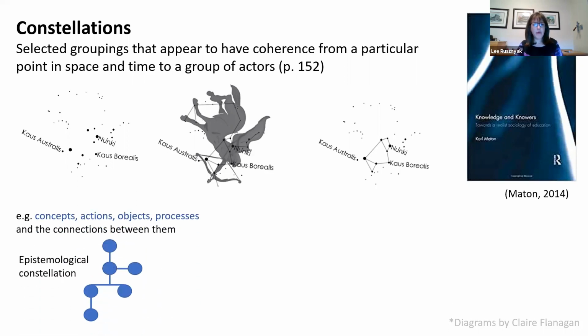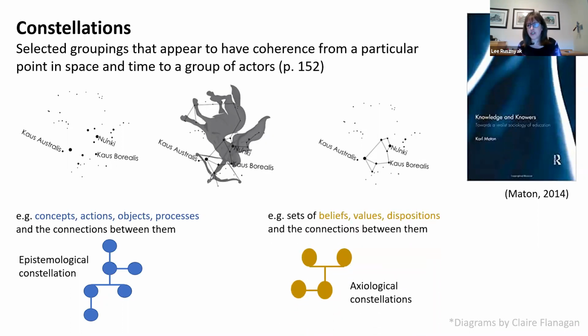When we're talking about epistemological constellations, we're talking about groups of concepts or actions or objects or processes that are seen to go together from a range of possibilities, looking at those and the connections between them.